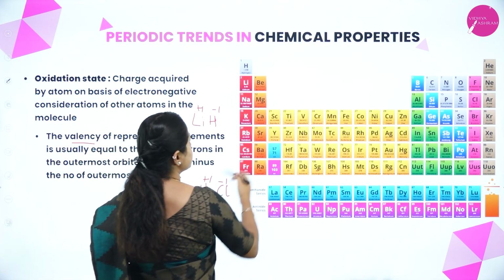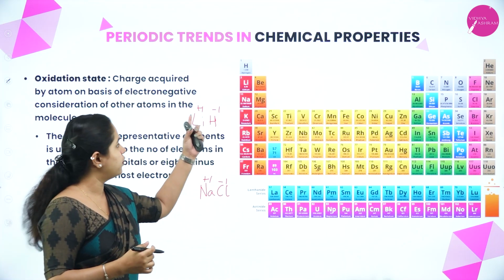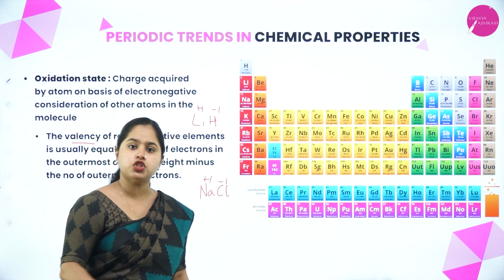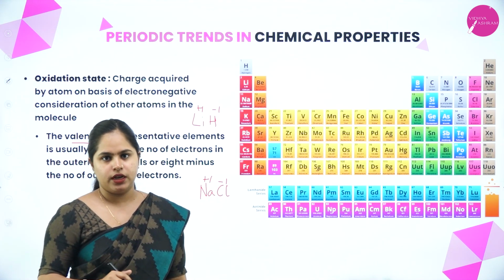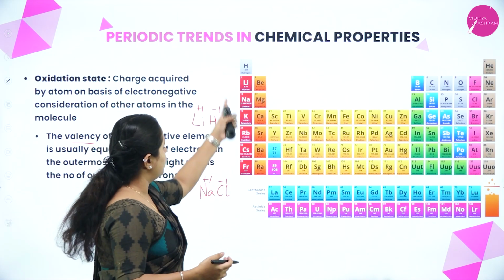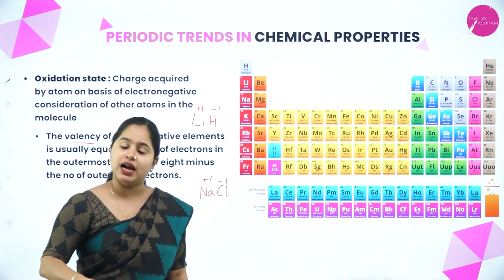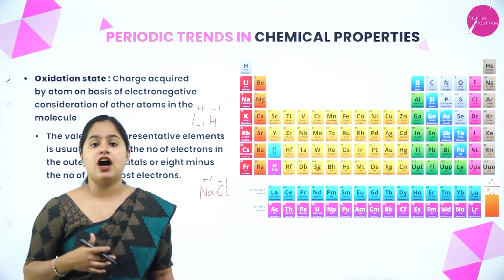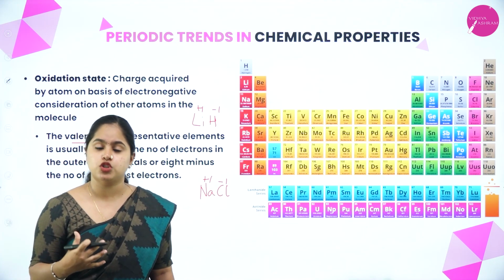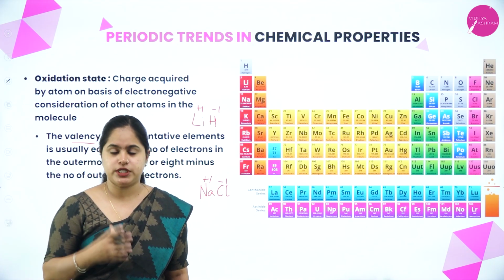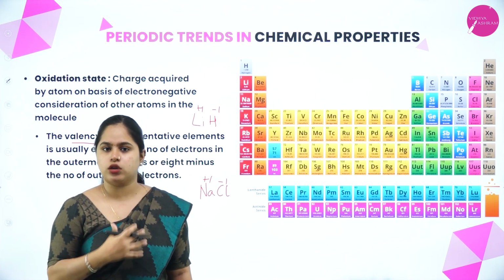So let's take the first group elements. In the first group elements, we know that the outermost shell has the same number of valence electrons, that is 1. The first group elements are highly electropositive. That means they have a high tendency to remove one electron from the outermost shell so that it attains octet.